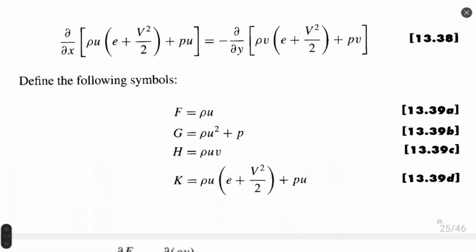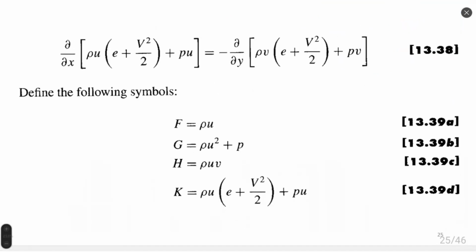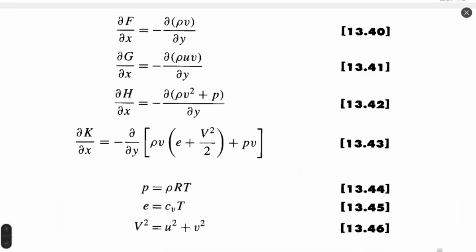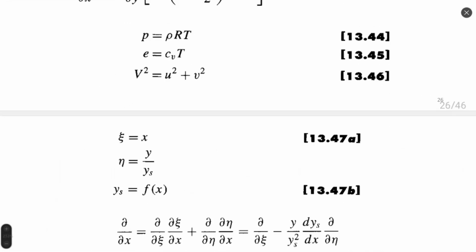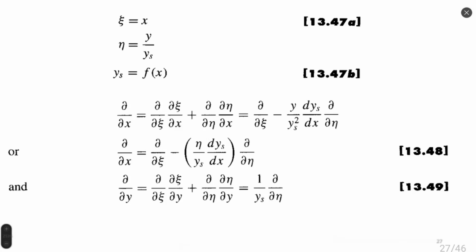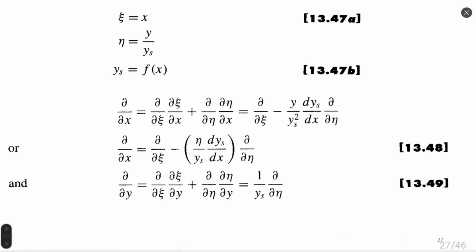Anderson also shows how to make transformation for the simple case, which I just showed you for the nozzle. I will probably not pay so much attention to this. Just a few words. Transformation is done in the following way. We define a new coordinate system, xi and eta, which you can see on equation 47a. These two coordinates are defined as functions of x and y.